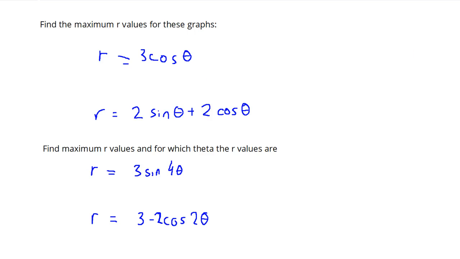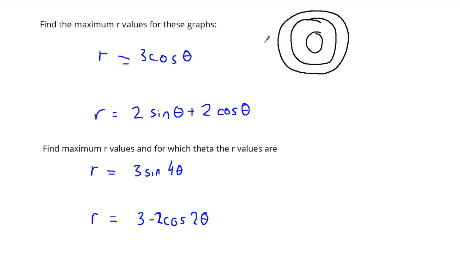So now we actually have our pure graphs for our polar equations. If you take these polar equations, 3 cosine theta, what's our maximum value of 3 cosine theta? This is how the graph looks, right? The graph looks kind of like this.